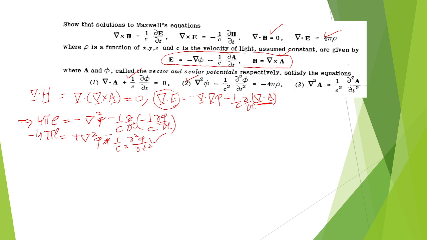The divergence of this gives me this condition. Okay, so that's good. Now the divergence of both equations, the divergence of this and this, satisfy the conditions in Maxwell equations. So we have satisfied these two equations, so this solution satisfies these two Maxwell equations under these conditions.